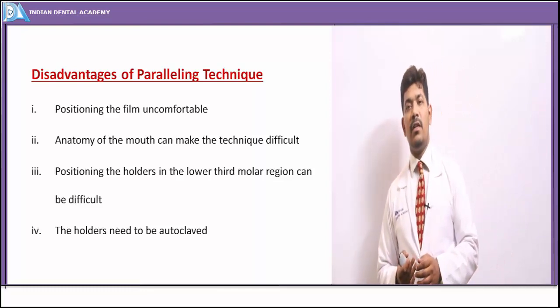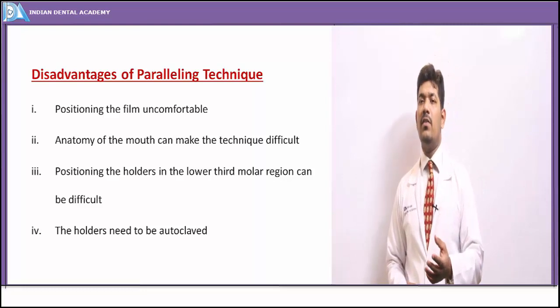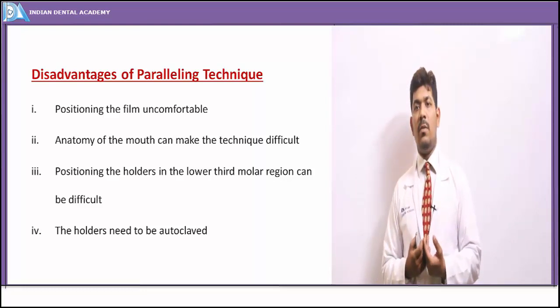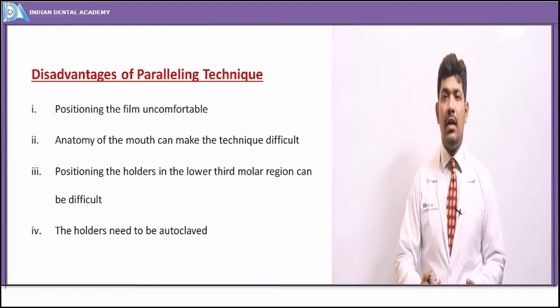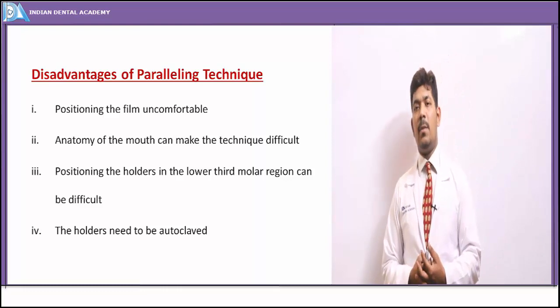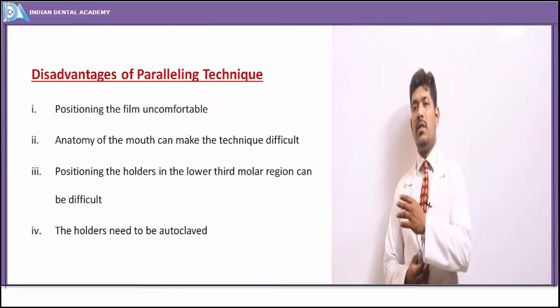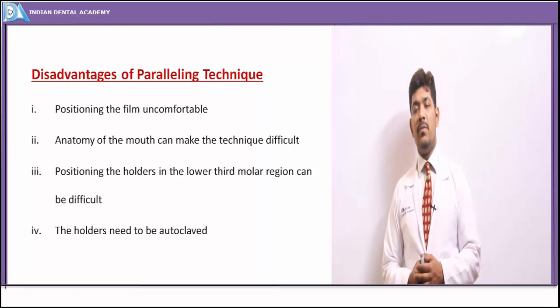Sometimes, because of variations in the anatomy within the arches, the presence of a maxillary torus or mandibular torus, shallow palatal vaults, or the presence of the tongue when we are taking mandibular projections, the anatomical structures pose a certain amount of difficulty while placing these X-ray films.